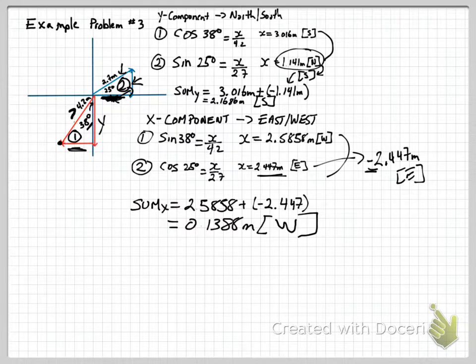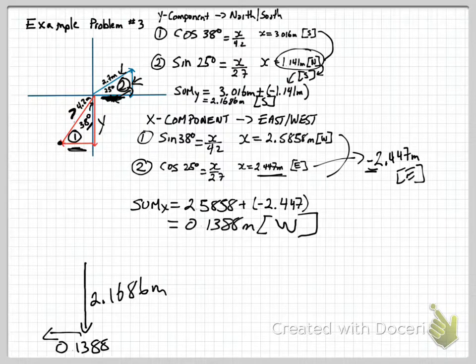Again, on our triangle, we have a west component of 0.1388, and then we have a south component of 2.1686 meters, and we are trying to find our hypotenuse, and we're also trying to find our angle.